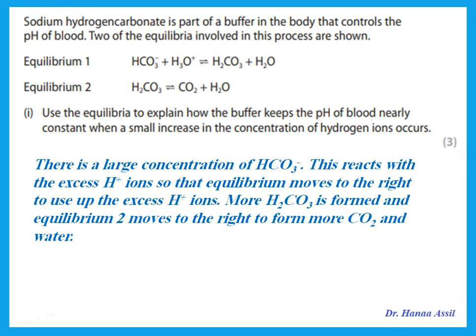Again, there is a large concentration of HCO3 minus. This reacts with any excess H plus ions, so the equilibrium moves to the right to use up the excess H plus ions. More H2CO3 is formed. The equilibrium too moves to the right also to form more carbon dioxide and water.